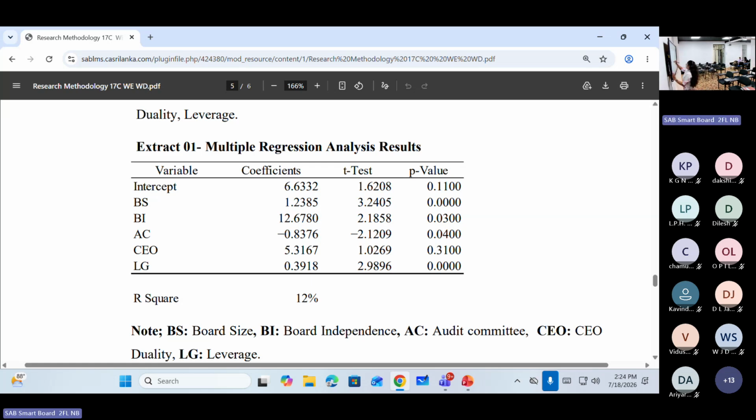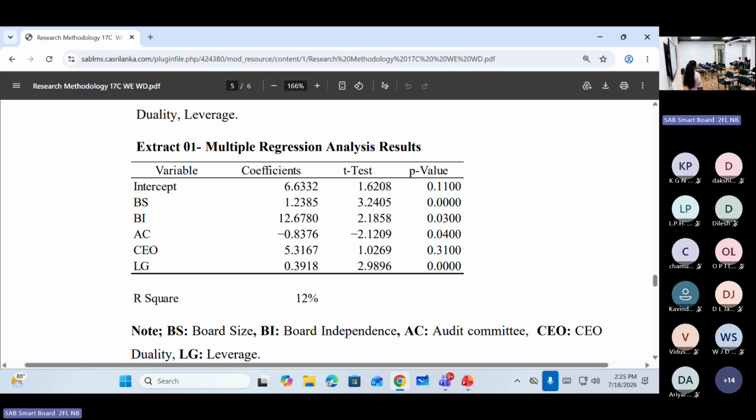Third one, audit committee, that is 0.03. Is it less than 0.05? Yes, less than 0.05, because the value is 0.0400.